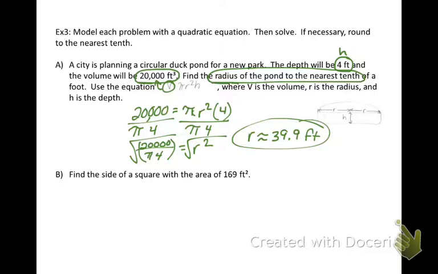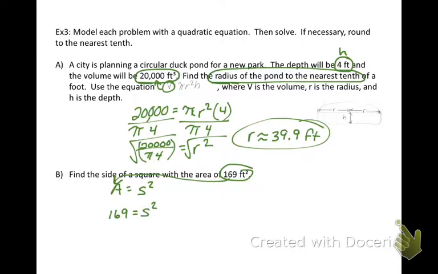Now you have a square. You need to know your formula for squares. The formula for a square is A equals s squared. And it says you have the area of 169 feet. So you're going to plug that in for A because they gave you the area. You're just trying to find the side. So you're going to go 169 equals s squared.